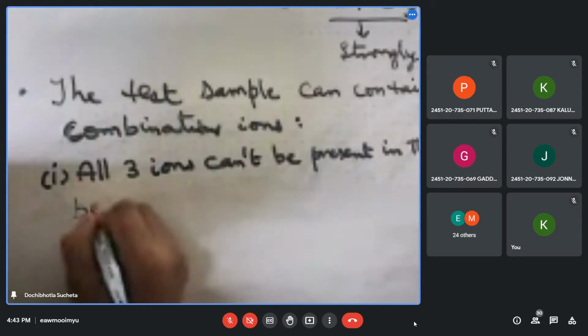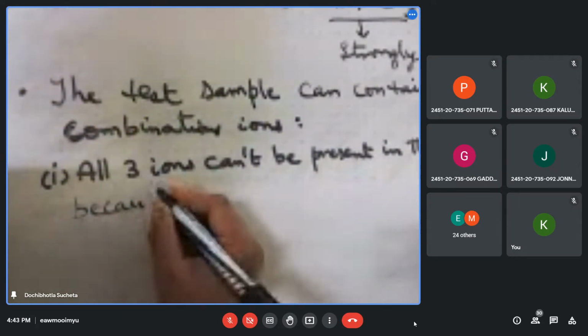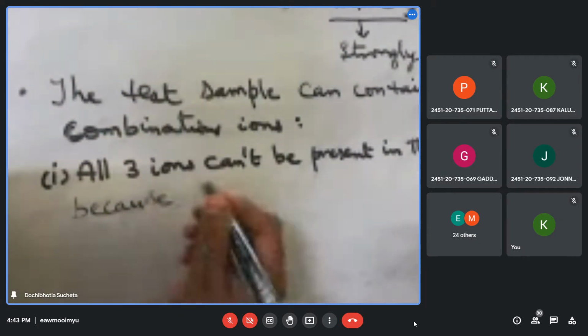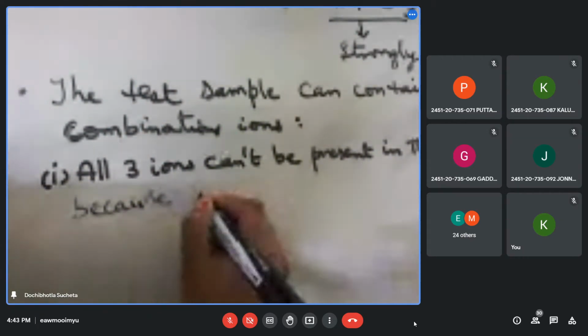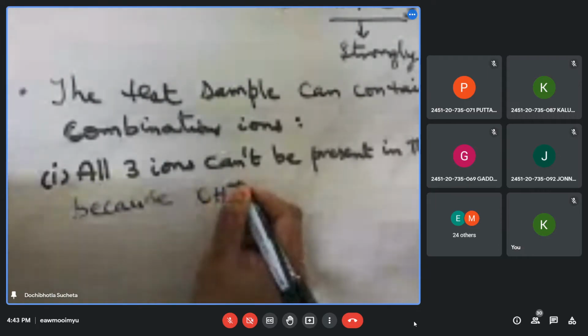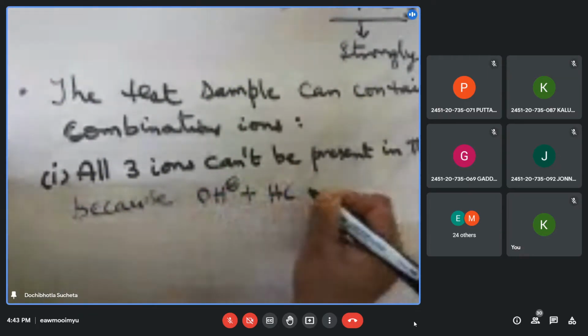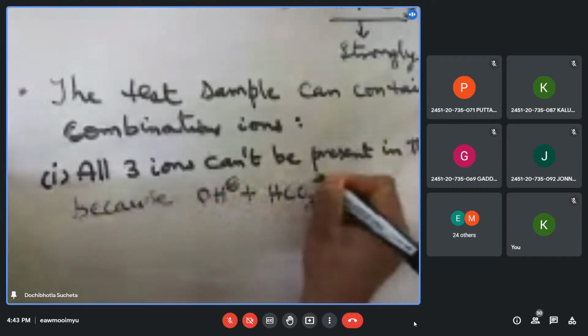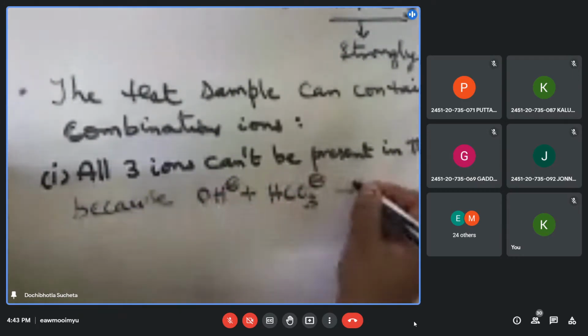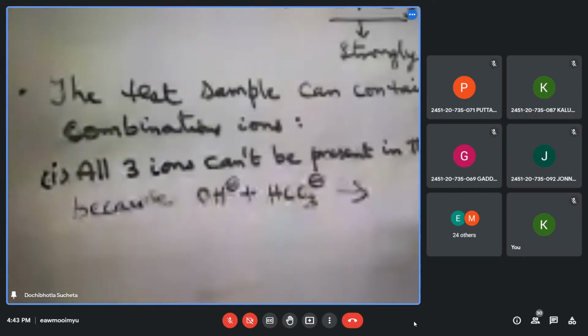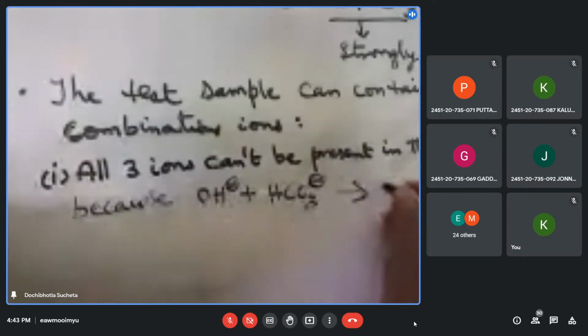Because OH minus ion and bicarbonate ion, if they are present in the same solution, will quickly react to form H2O and carbon dioxide.